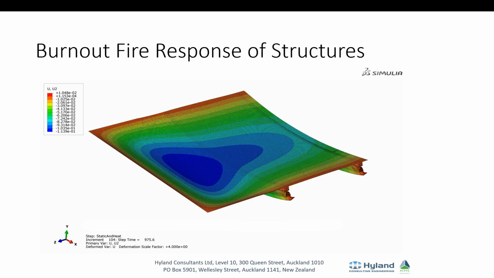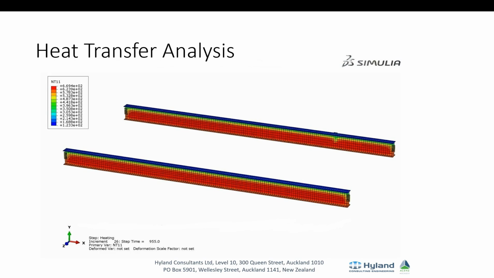So some of the findings we get from that is we get the temperatures in the beams. Say in this particular example, we're getting up to say 669 degrees in the lower parts of the steel beams.